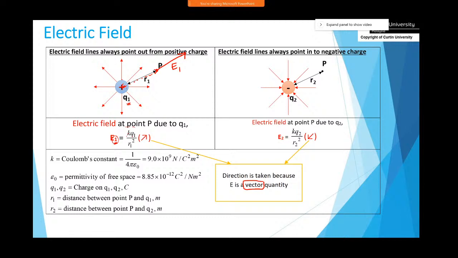If it is a negative charge, the direction of the field experienced by this point P will be going inwards, which is this direction. Again, k is the Coulomb constant, and in SI unit, q is in Coulomb, r is in meter.